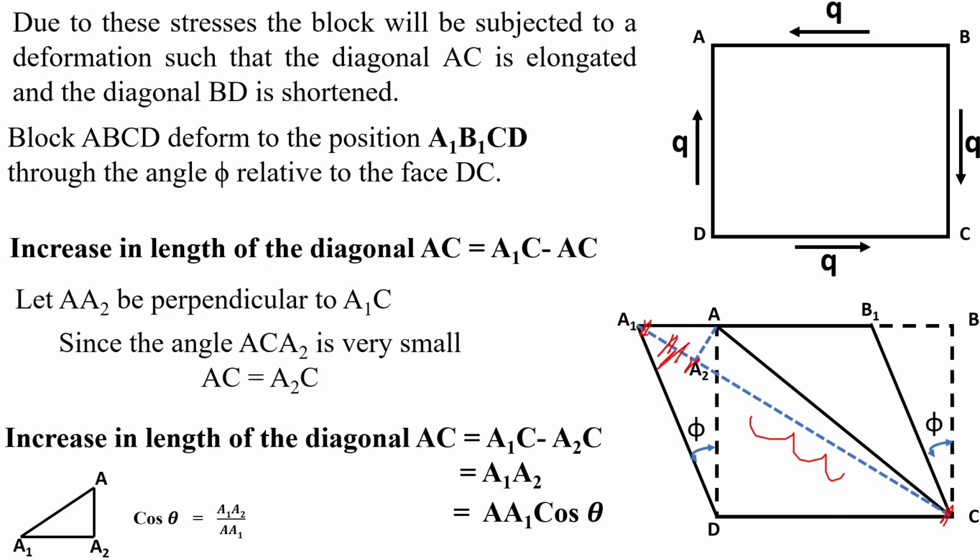We know that the increase in length of the diagonal AC equals A1C minus A2C, which is equal to A1A2. So from this right angle triangle, the A1A2 value equals AA1 into cos theta. So the increase in length of the diagonal AC equals AA1 into cos theta.